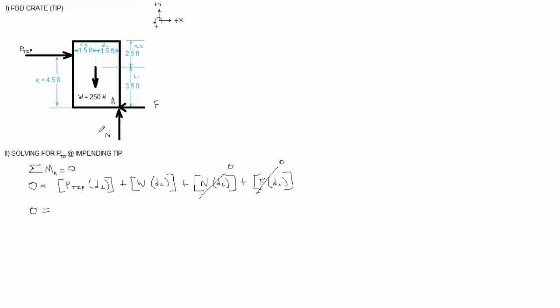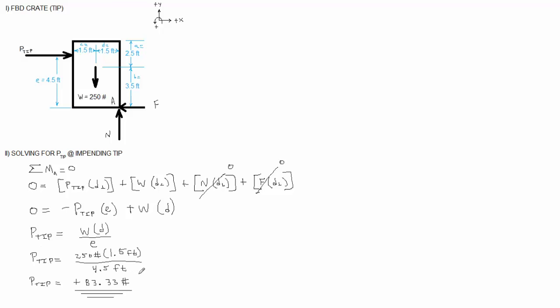P produces a negative moment around point A, and its perpendicular distance is E. W produces a positive moment around point A, and its perpendicular distance is D. Solving this equation for P tip, now we can plug our numbers in, and we'll find that P tip equals a positive 83.33 pounds.